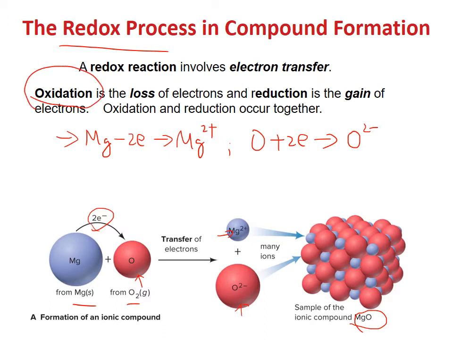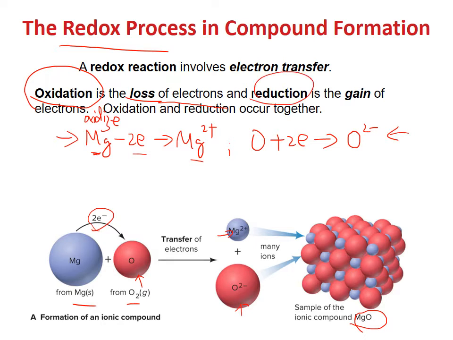Oxidation means it involves loss of electrons. So here magnesium loses 2 electrons, and so we can say magnesium is oxidized to magnesium 2+.